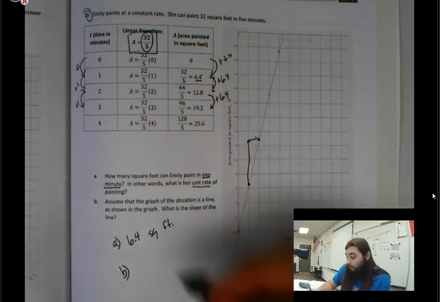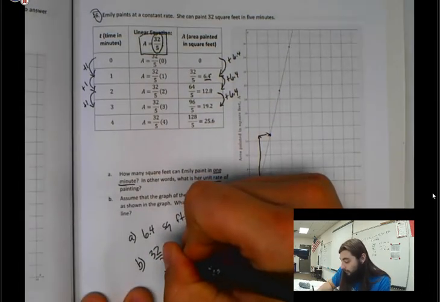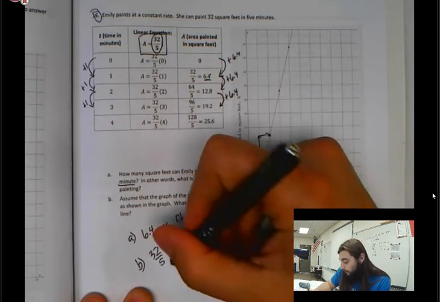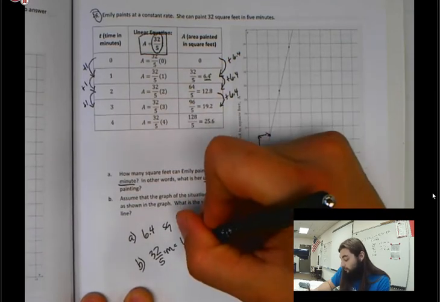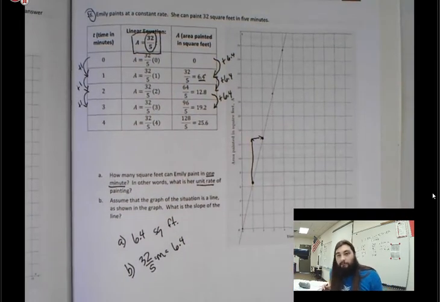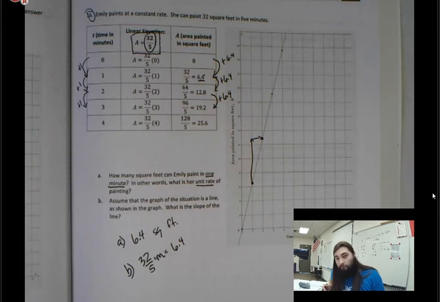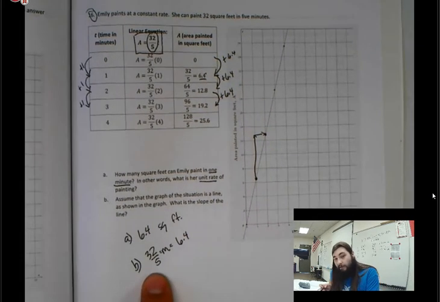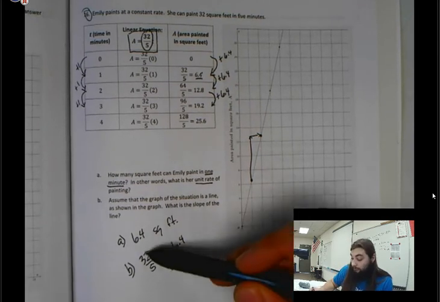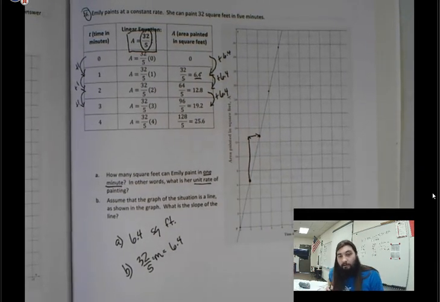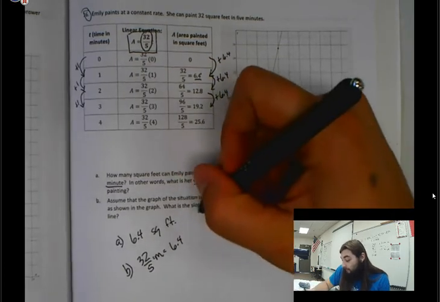So either way, whether we write our slope as 32 over 5, okay, so we can say 32 over 5 equals m, or we can say m is equal to 6.4. It's the same value, again, just in two different forms of the same rational number. 32 over 5 is a fraction, 6.4 as a decimal. I would prefer 32 over 5. That's just me, though. All right. Either way, this is your slope.